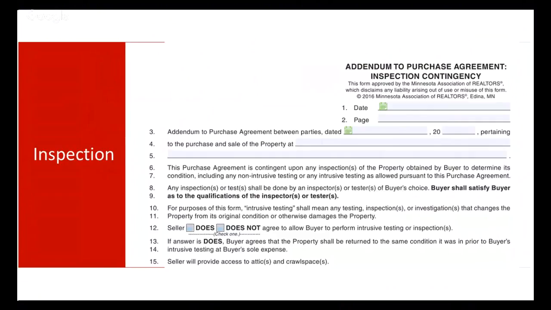And in that case, they'd have to ask the seller's permission to do that, and the seller could decide whether or not they want to allow the buyer to do that at the buyer's expense. And as we'll read on later, when we look to lines 13 and 14, if the answer is does, meaning if the seller does allow the buyer to perform intrusive testing, the buyer agrees that the property shall be returned to the same condition it was prior to the buyer's intrusive testing at the buyer's expense.